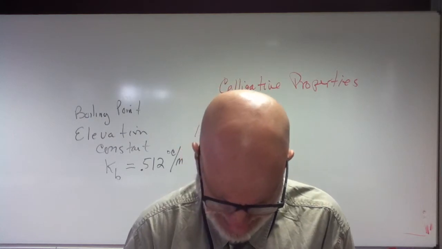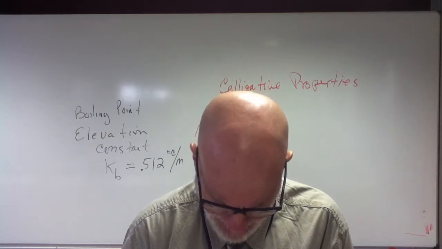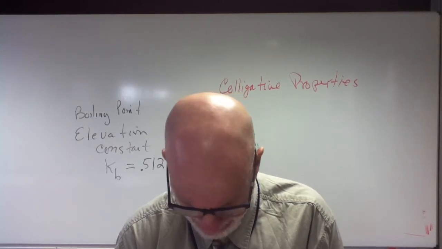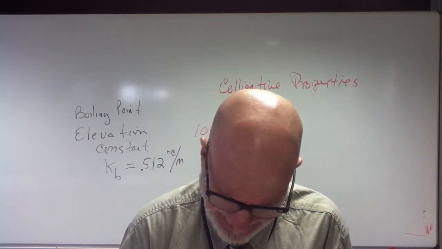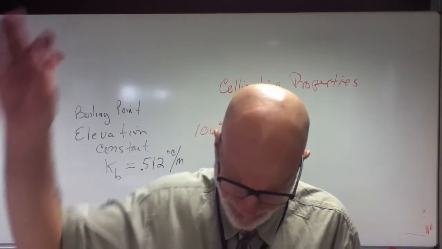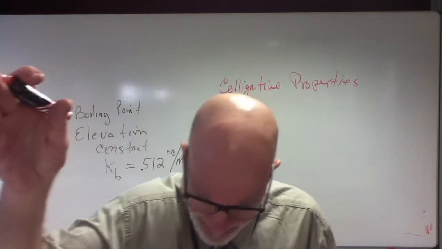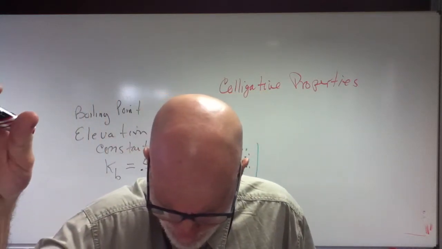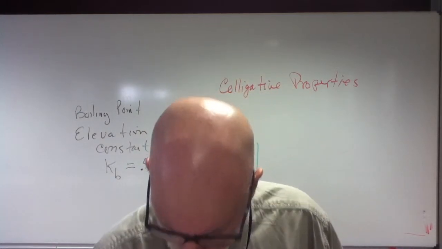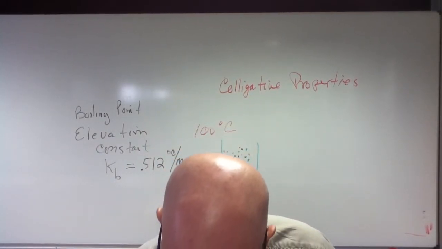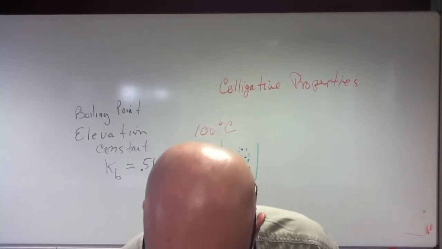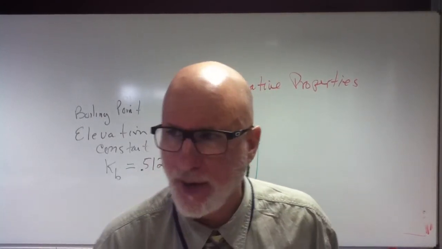Okay. It says, I got one. What is the boiling point of each solution? You ready? Write this down. 0.5 moles glucose in 1,000 grams of water.